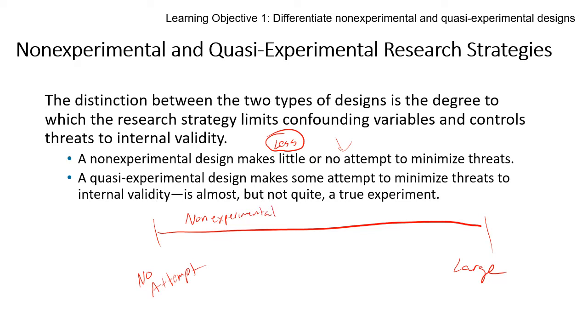On the right side, at the large attempt, we've got true experiment. So at some point, we're going to have this cutoff with non-experimental, and everything else in between these two points is going to be quasi-experimental.